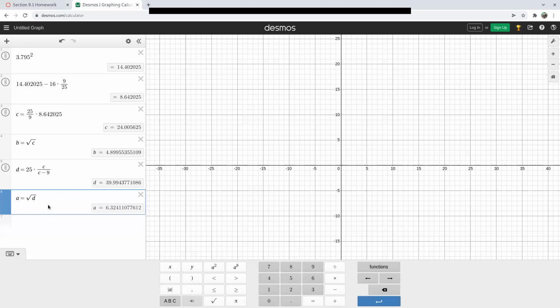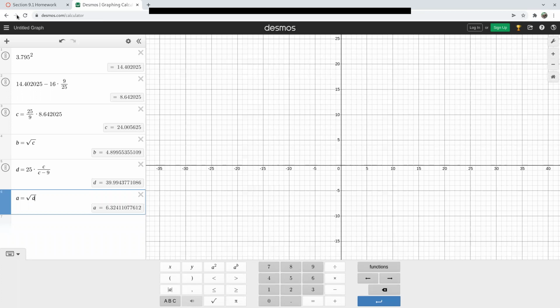So I get about 6.324-ish. And supposedly those 2 points are on that ellipse. So I'm going to graph that ellipse to check to make sure I got the right one. Let's write this down. So we get that A is about 6.324, and we get that B is about 4.8995.